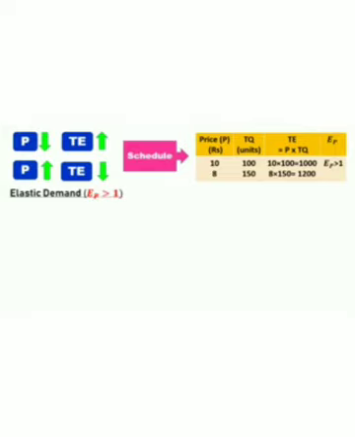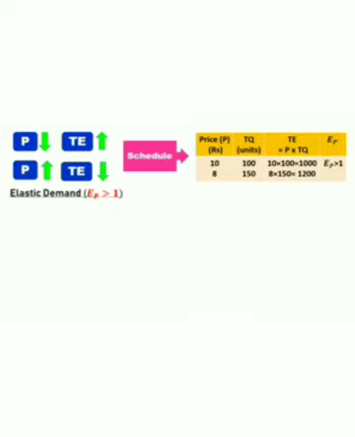When price falls to rupees 8, then total quantity purchased increases to 150 units and total expenditure becomes rupees 1200. Here, total expenditure has increased with a fall in price. Hence, EP is greater than 1.